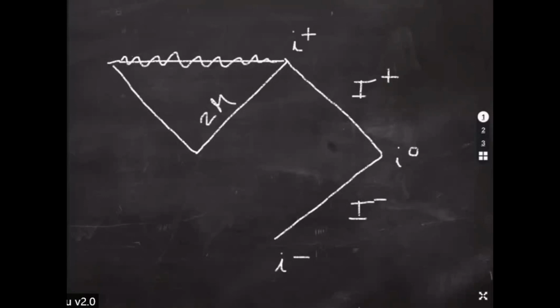When I draw this line over here, what I am doing is to assume that the black hole has existed forever, because this is an infinite time-like point in the past, and this is its counterpart in the future.